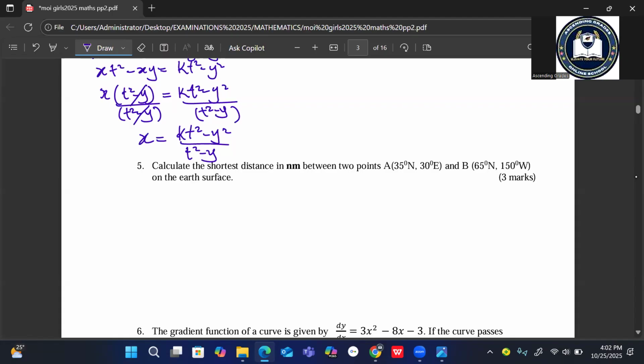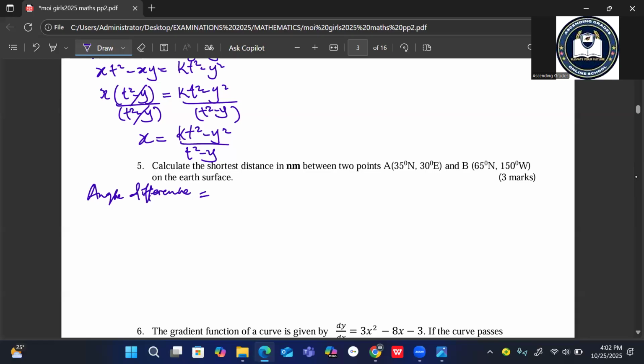So we can see we have the latitudes and the longitudes. First of all, we find the angle difference.